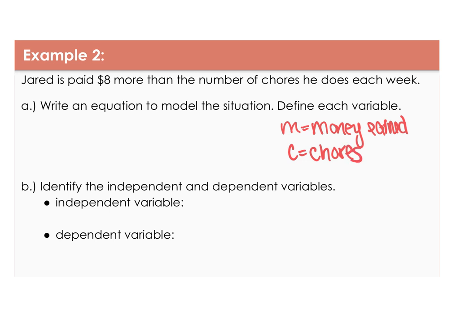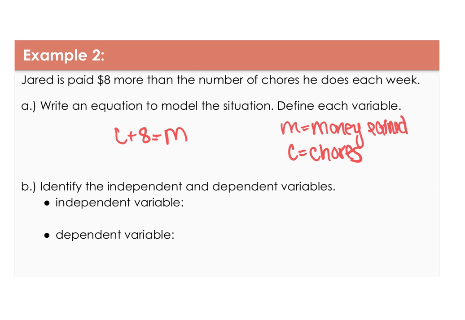So now the relationship is Jared is paid $8 more than the number of chores he does. So that's C plus 8 equals the total amount of money earned.